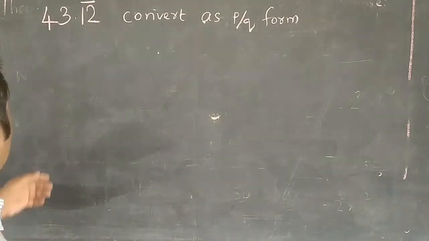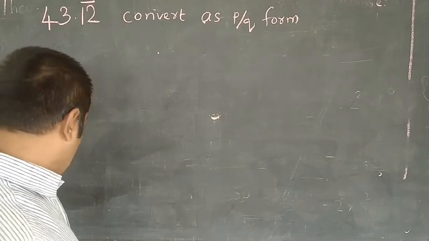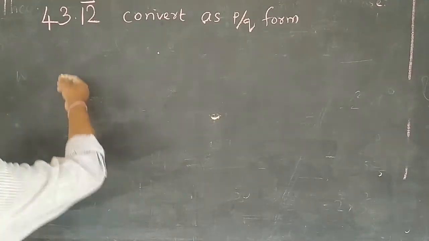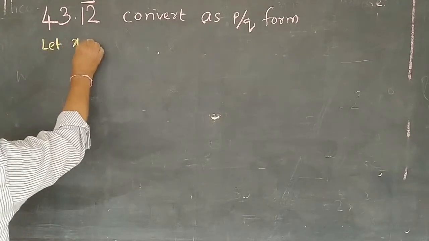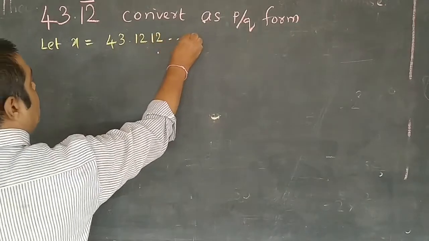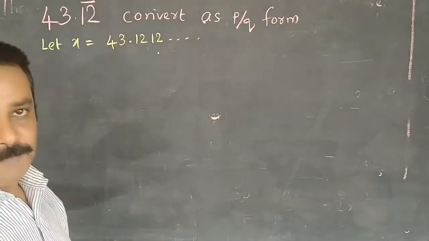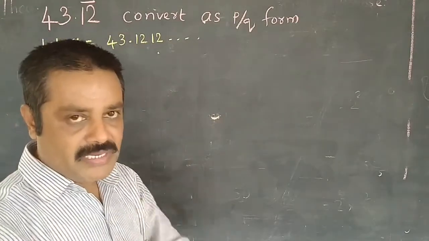Now see this question. 43.12 bar, convert as P by Q form. How to convert this problem? Take 43.12 bar as x, let x is equal to 43.1212, it is repeated. A recurring decimal. How many numbers are repeating? Two numbers are repeating.